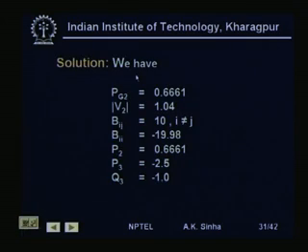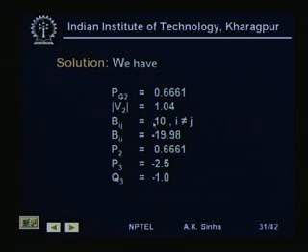Now, using the transmission line impedance values, we have Bij equal to 10 for i not equal to j, that is B12, B13, B23, B32, all these terms will be equal to 10 because it is equal to 1 by 0.1, that is 1 by j 0.1.